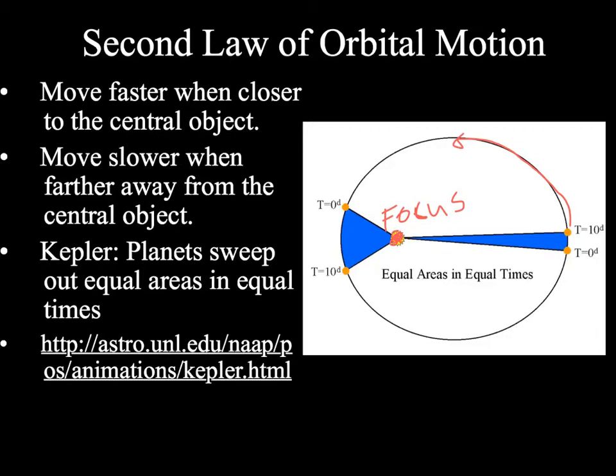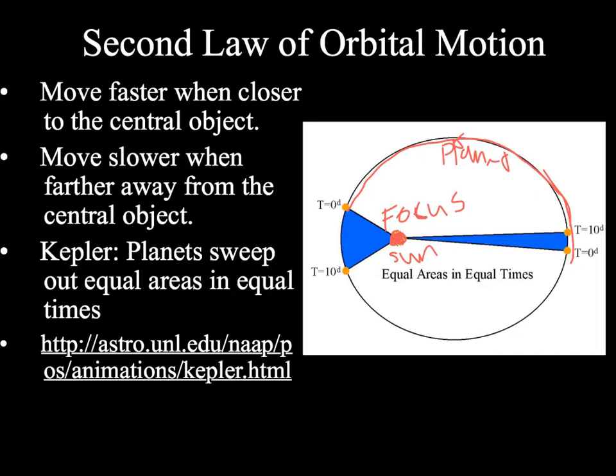So if this is the sun and this is a planet, then the focus will be somewhere off center. And that's important. Our planets in our solar system revolve around the sun in an ellipse, and it's non-central. So there are times where the planets are closer to the sun and farther away from the sun. Okay? And this is true of anything that orbits.